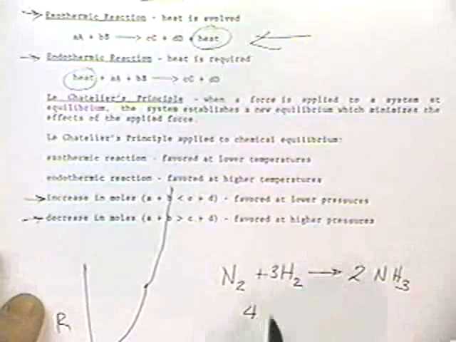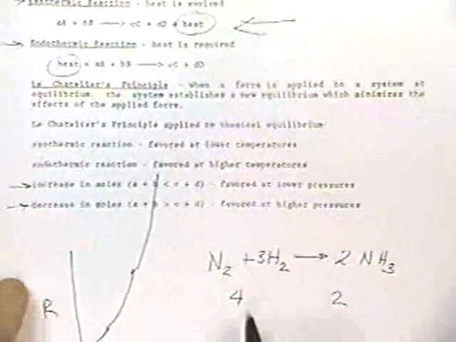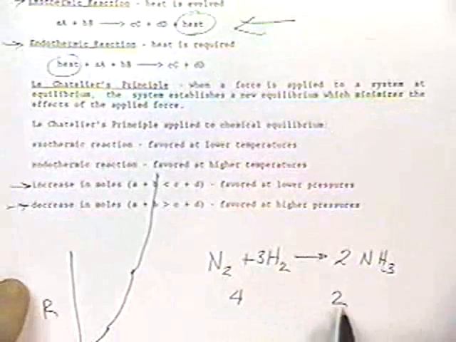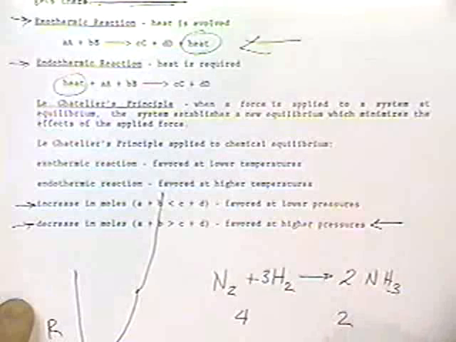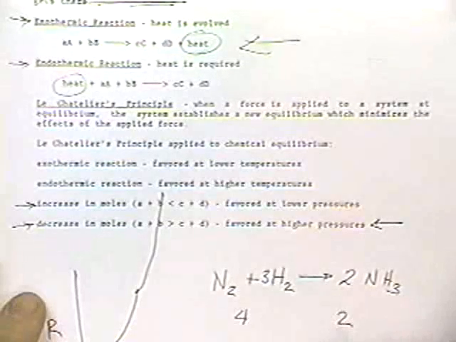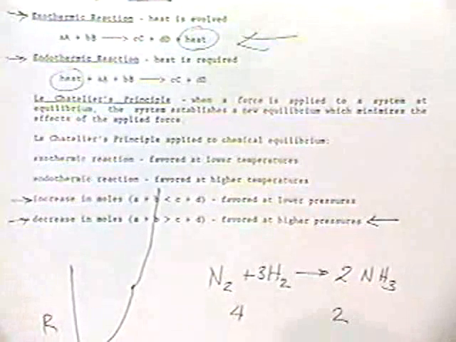You can see here we're starting with 4 moles, 1 plus 3, and ending up with 2 moles. So we're having a decrease in number of moles, which Le Chatelier says run that at high pressure. And truly, industrial reactions run these at about 200 to 300 atmospheres of pressure. Enormous pressures, and even then it doesn't go to completion. It only goes to 30 to 40% of completion.